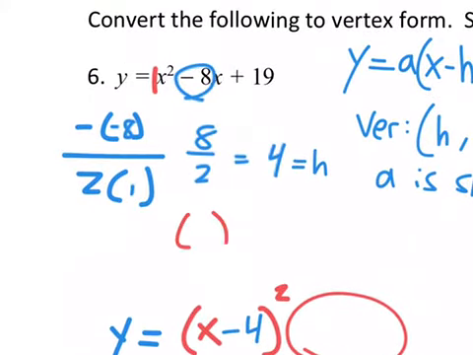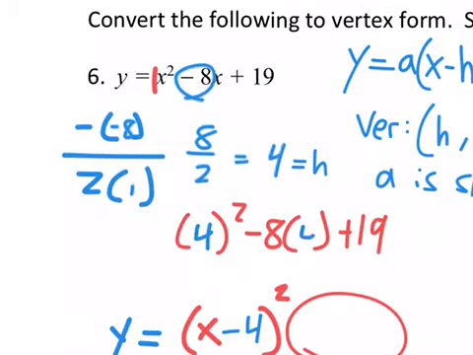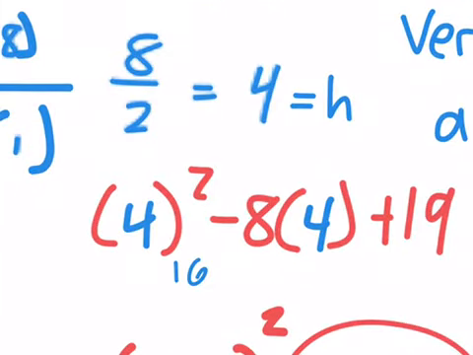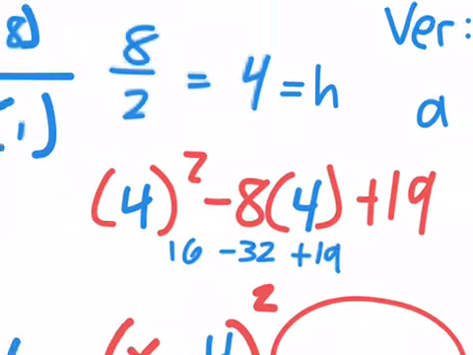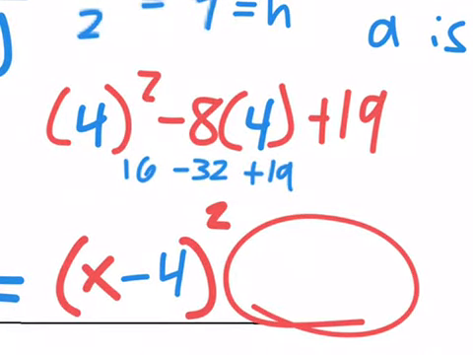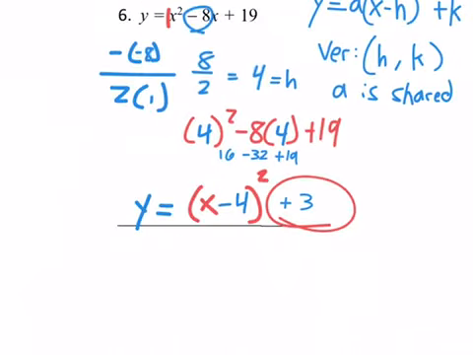We've got x squared minus 8x plus 19, and we're plugging in a 4. So we'll get 16 minus 32 plus 19. You put all those together, and you will get a positive 3. All right, because our vertex for this one was 4, 3.